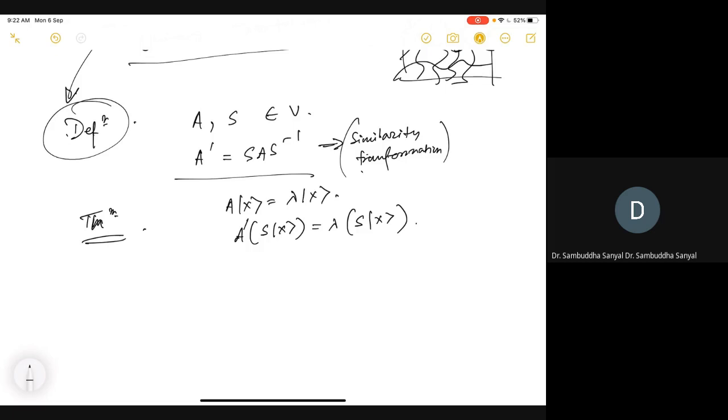This is a very desirable thing because when you see in the context of quantum mechanics, the way we frame the problem, we will say the eigenvalues are the measurable quantities, the ones you measure, and not only quantum mechanics, in various other contexts. So that means the eigenvalue should not change depending on how you describe it.